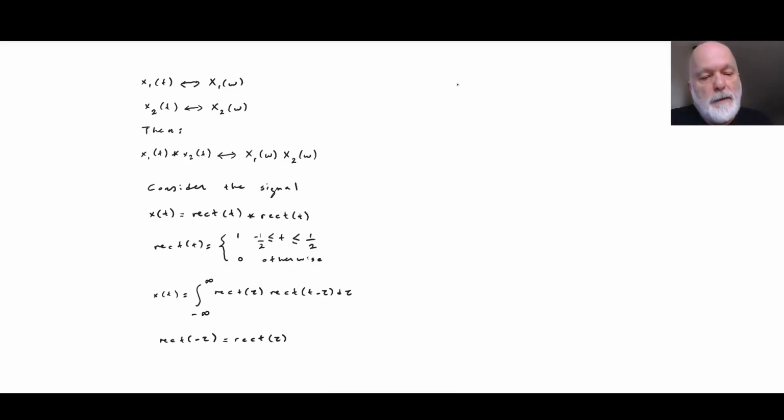So for instance, I can plot here, as a function of tau, rect of t minus tau. Let t be, for example, a positive value. We are going to have the rectangular pulse shifted to t, or the 0 point is shifted to t.